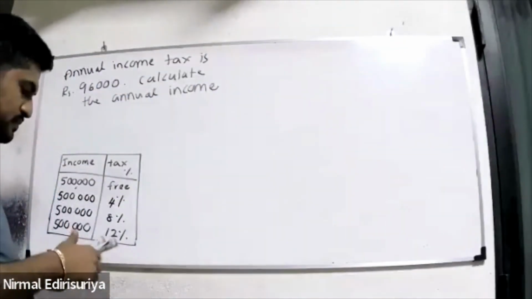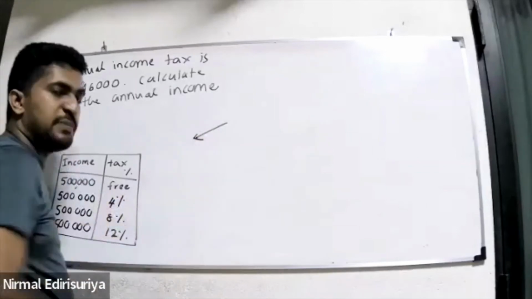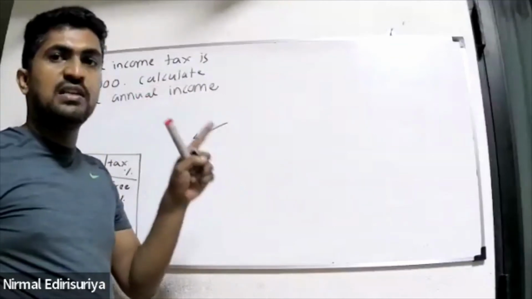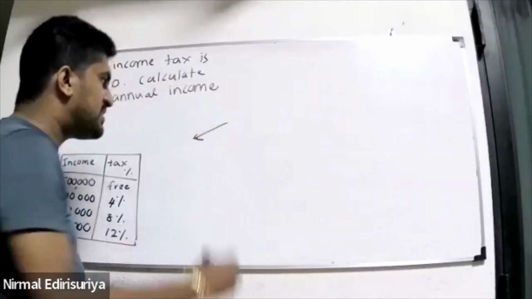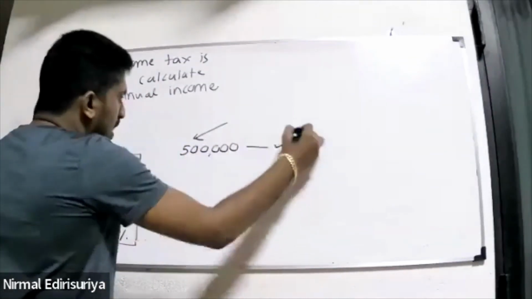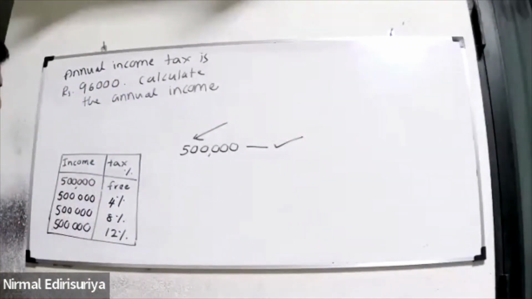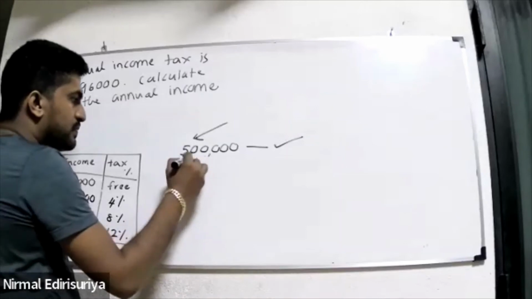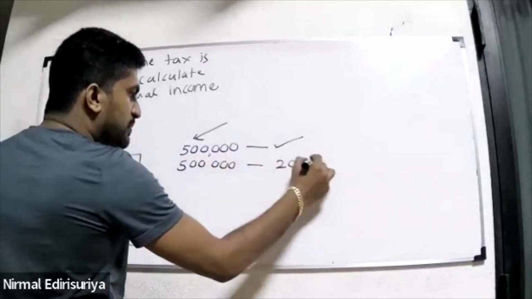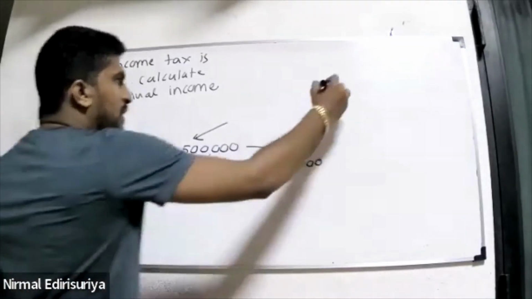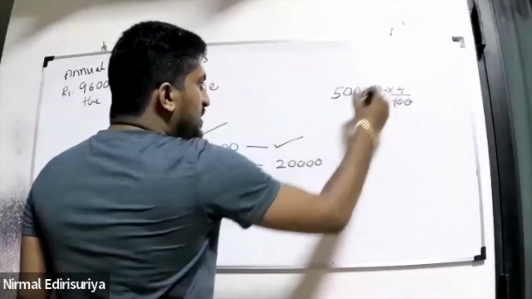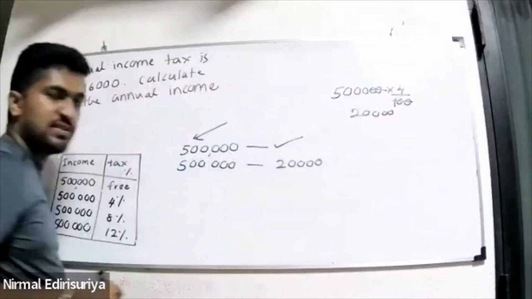Listen carefully, this is the key point. If that person is paying income tax, that means this person's income includes the first 500,000, which is free of tax. For the second 500,000, you have to pay under 4%, which is 20,000 rupees tax.